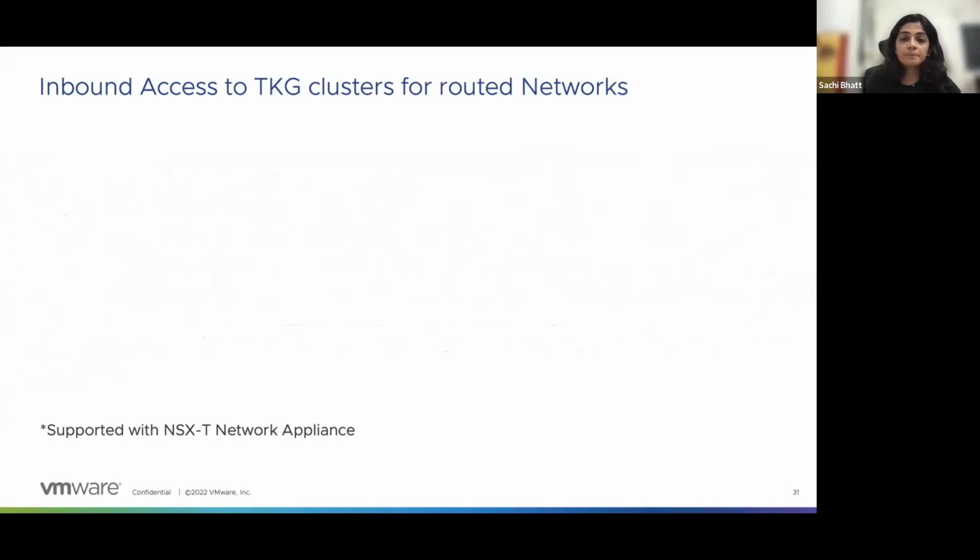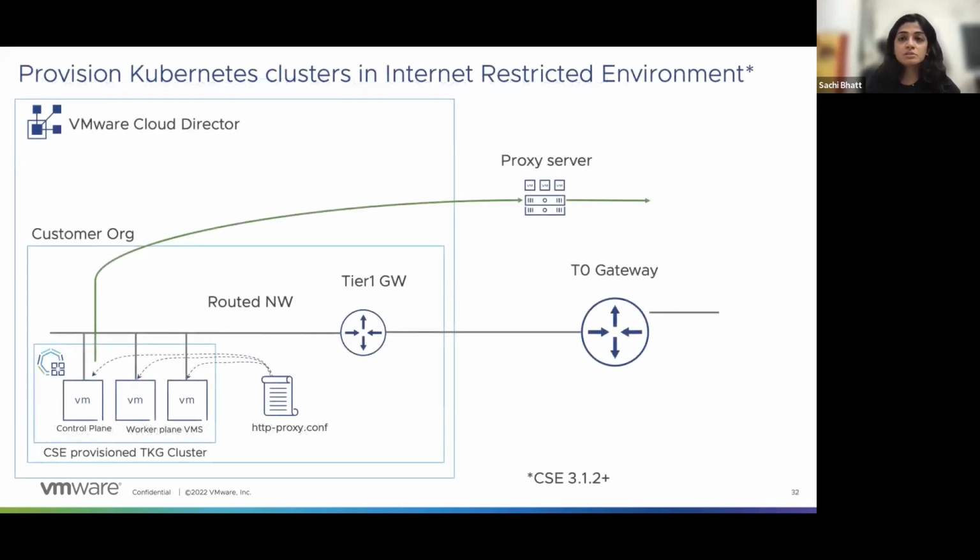And the next one is, in CSC release 3.1.2, we introduced support for proxy configuration. So when you are installing or upgrading your CSC server, within your config file, you can provide a specific configuration related to proxy server.